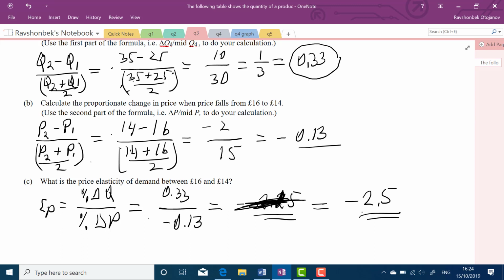Look at the ratio, percentage change to percentage change. What does it say? So a 1% change in price results in a 2.5% reduction in quantity demanded, or a decline in the quantity demanded by 2.5%.